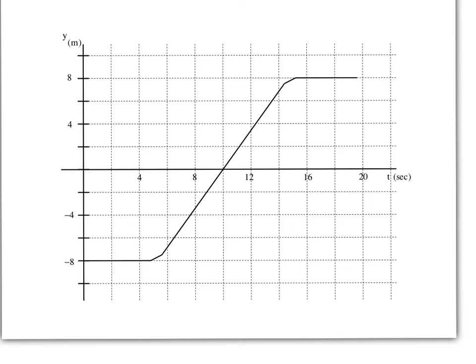It transits from having some velocity to having no velocity, because along this section the tangent is 0, the slope is 0, so there's no velocity, which means through this section here you have an acceleration. And the body ends up sitting still at y equal 8 meters.